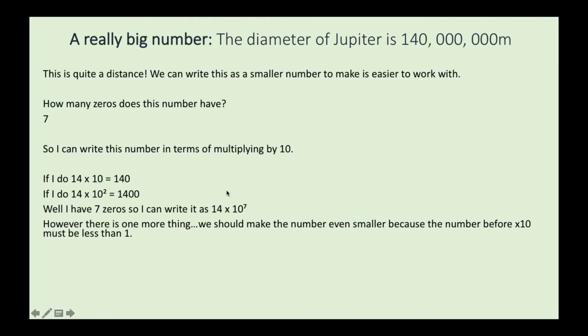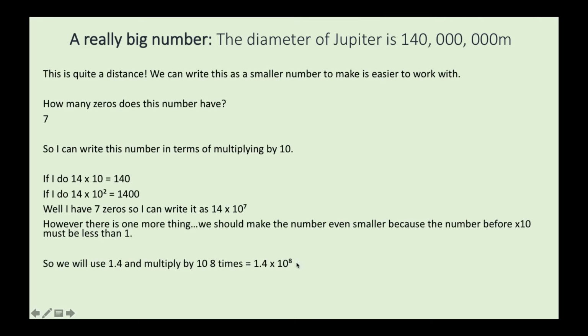However, there is one more thing. We should make the number even smaller. The number that comes before the times 10 must be less than 10. So I will use 1.4 and multiply by 10 8 times instead. If I put my decimal point here, it means I've gone 8 times in this direction. 1, 2, 3, 4, 5, 6, 7, 8.